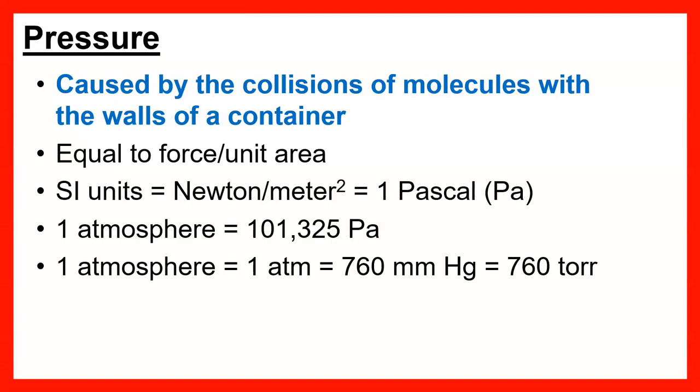You should remember your pressure conversions. Yes, the AP Chem equation sheet has some, but if you're relying on looking at that every time, you are probably going to be wasting a lot of time. I would probably memorize the common ones.